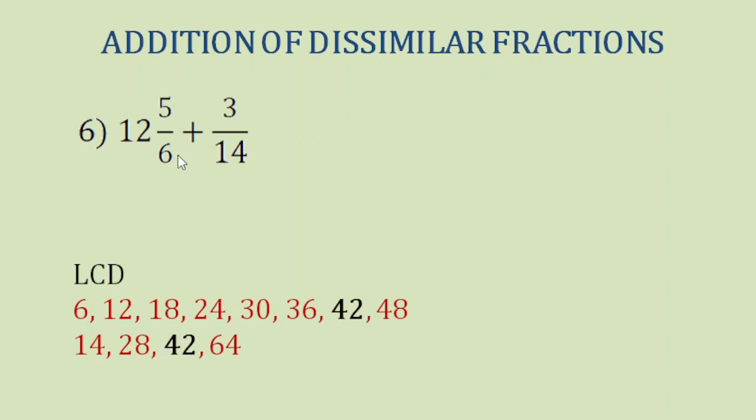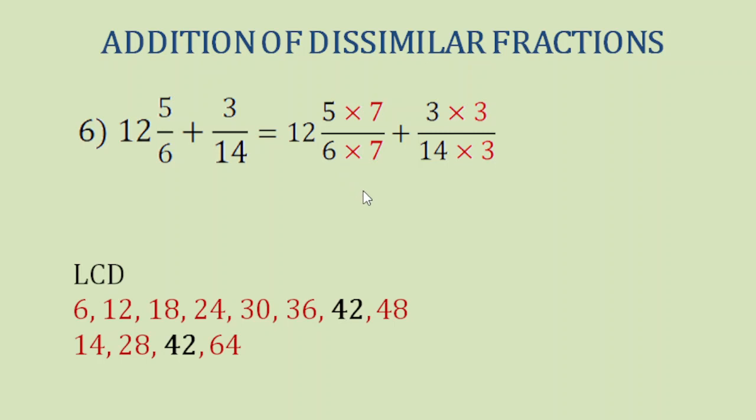So we will make this 6 into 42 by multiplying it by 7, but of course we have to multiply also the numerator by 7. We will make this 14 into 42 by multiplying it by 3, and also the numerator must be multiplied by 3. So we have 12 and 5 times 7 over 6 times 7 plus 3 times 3 over 14 times 3.